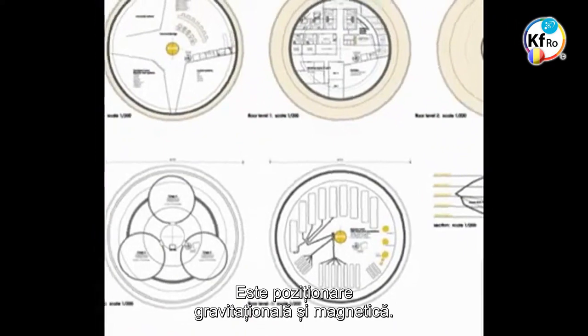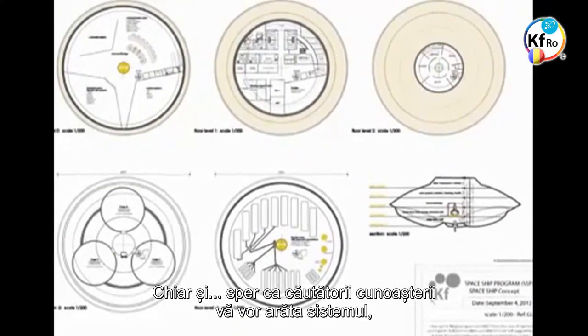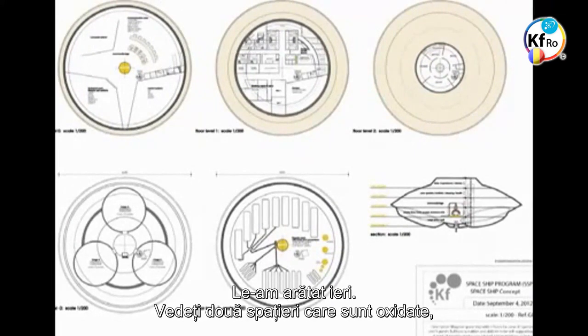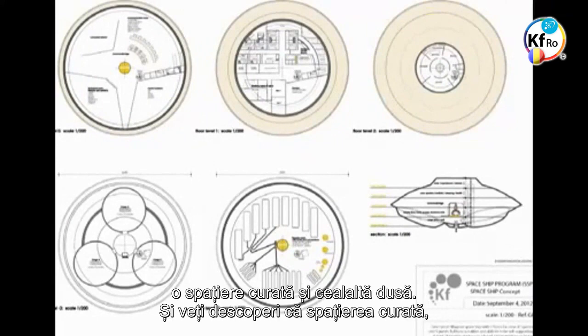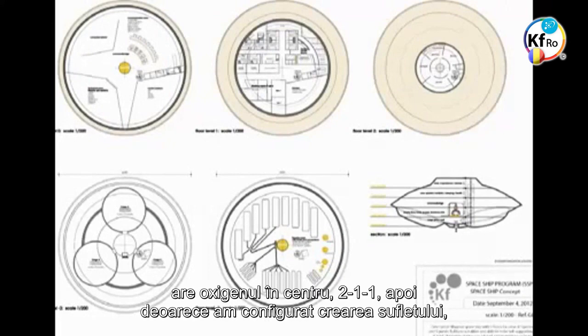It's magnetic gravitational positioning. I hope the knowledge seekers will show you the system which I built especially to produce protein. I showed them yesterday. You see 2 gaps which are oxidized, 1 gap clear, 1 gap going. And you find the clear gap is the oxygen in the center, 2, 1, 1.